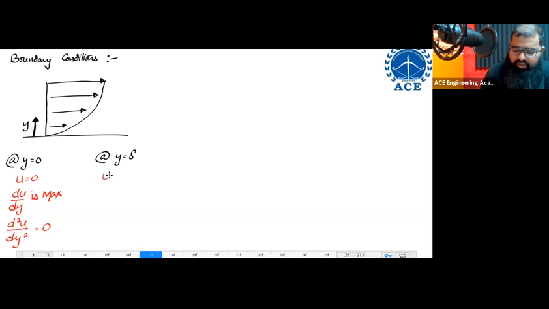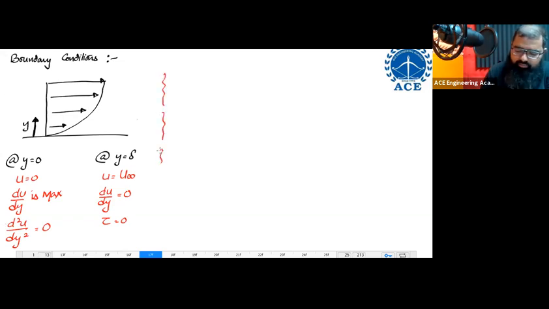At y equal to delta, u is equal to, strictly speaking, 0.99 u infinity. But we will make an assumption, a small error we will deliberately do, that is, u is equal to u infinity. And the value of du/dy is equal to 0. And from here onward, shear stress also is 0.